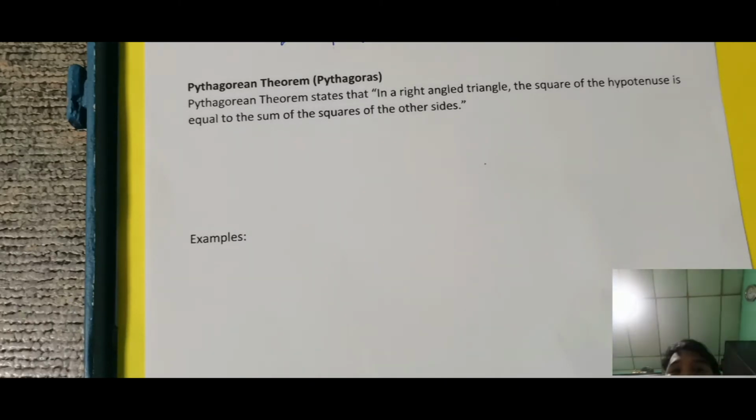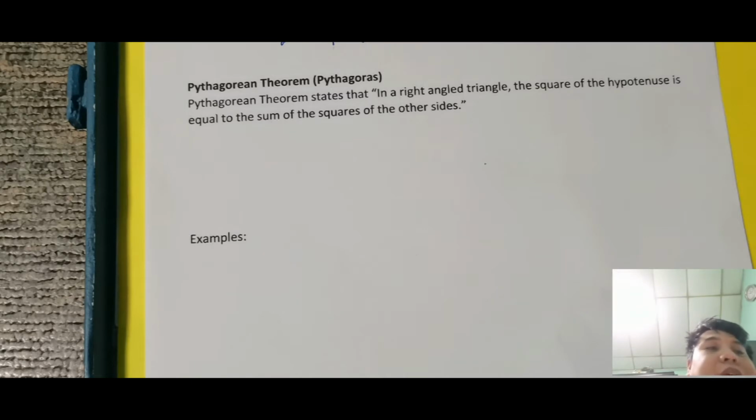Okay, so let's start. The Pythagorean theorem is galing kay Pythagoras. Aware naman tayo dyan. Okay, ngayon, sabi nga, the Pythagorean theorem states that in a right-angled triangle, so meaning may 90 degrees na isang triangle doon, the square of the hypotenuse is equal to the sum of the squares of the other sides.